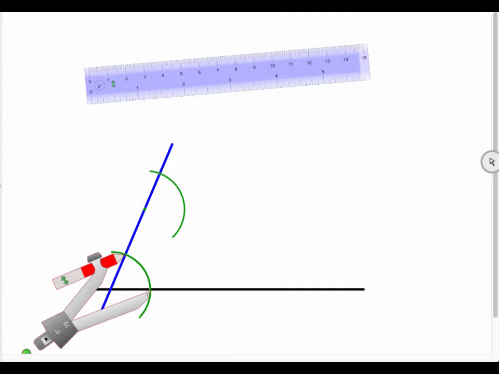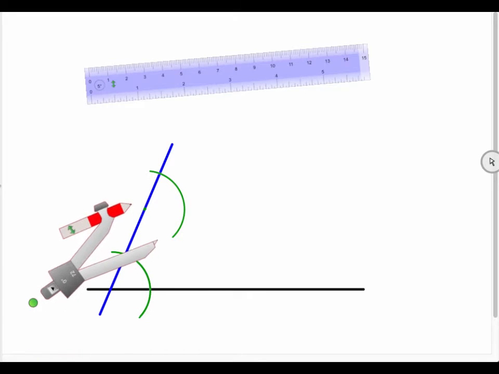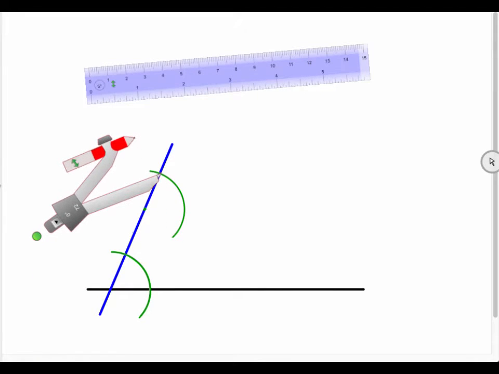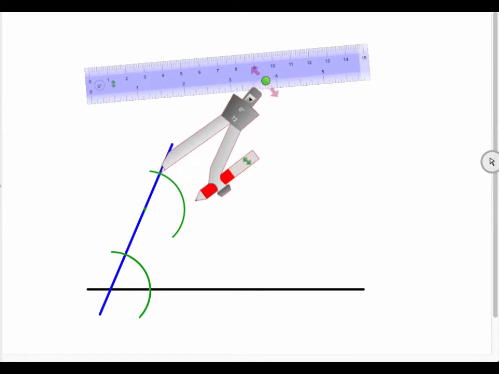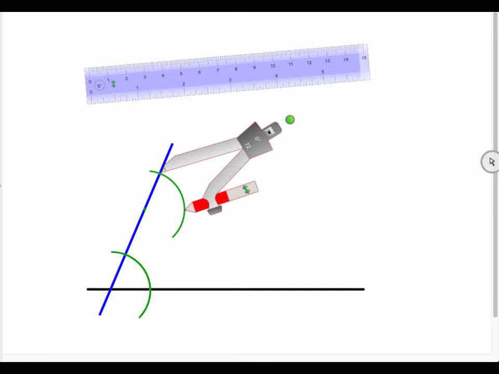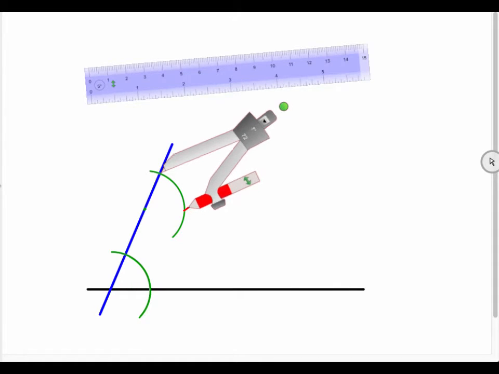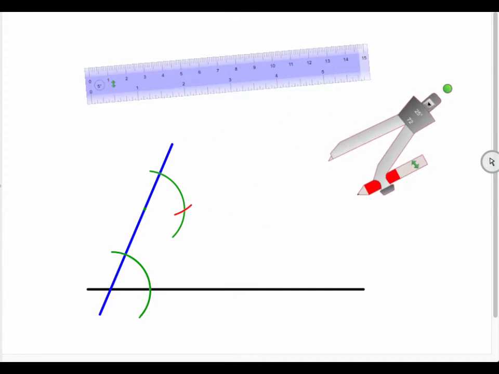Okay. So now what I've done is, and you got to be careful, don't change that distance or width on the compass. And I'm going to take that right here, and I'm going to swing this around and create a little intersection on my arc right here. So I'm just going to drop that down right there. Boom. Okay.